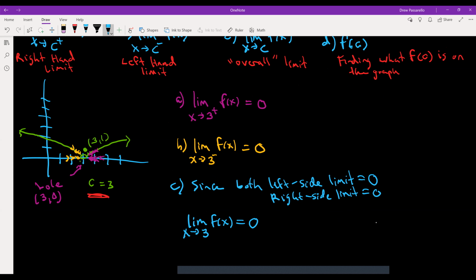All right, so that's going to be the answer. It's 0, since the left-hand limit and right-hand limit both equal 0.